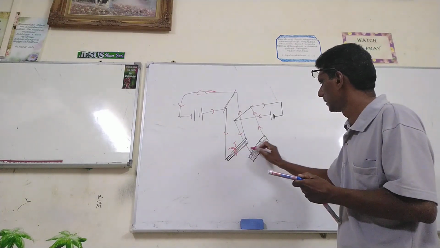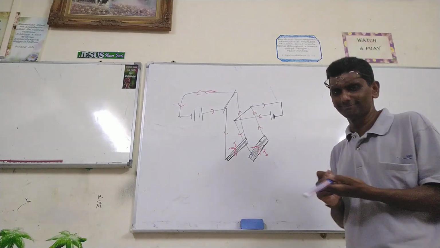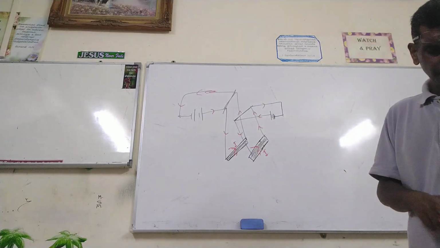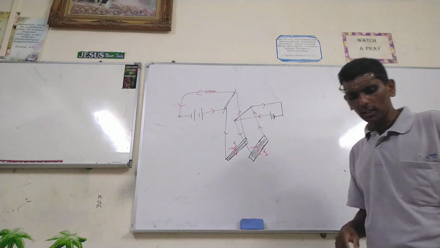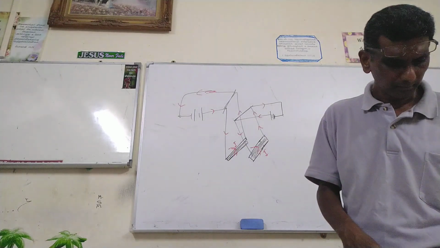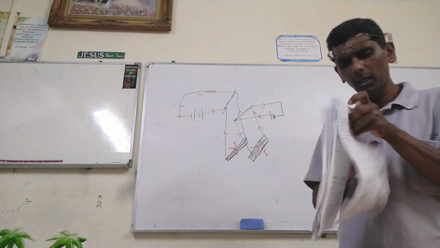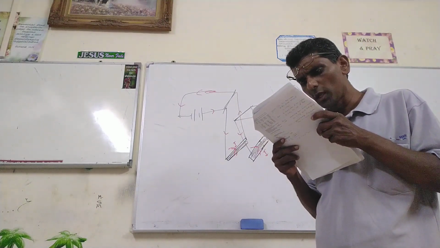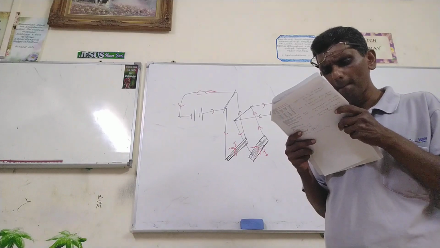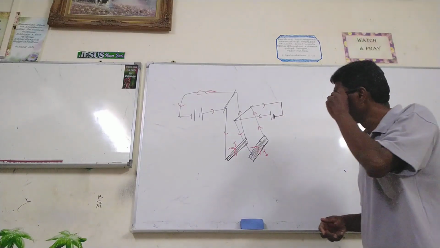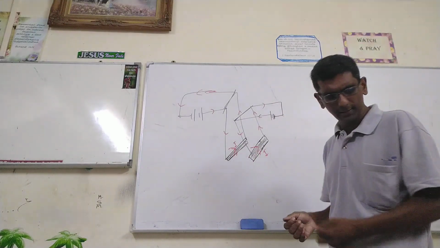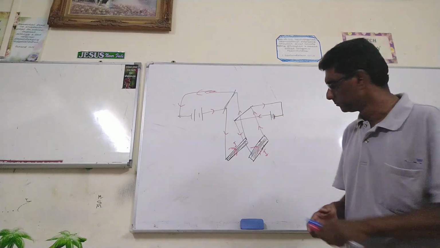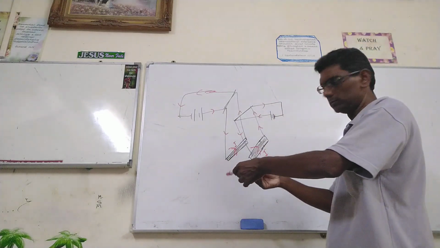Okay, what happens? When the current flows, you must draw the magnetic field, the electromagnetic field, around these two wires.